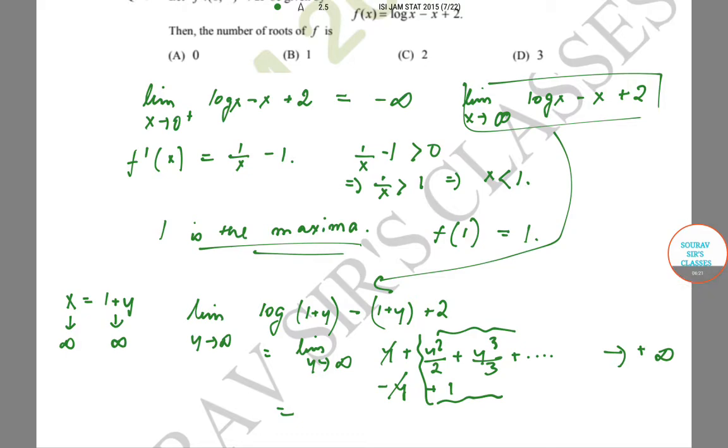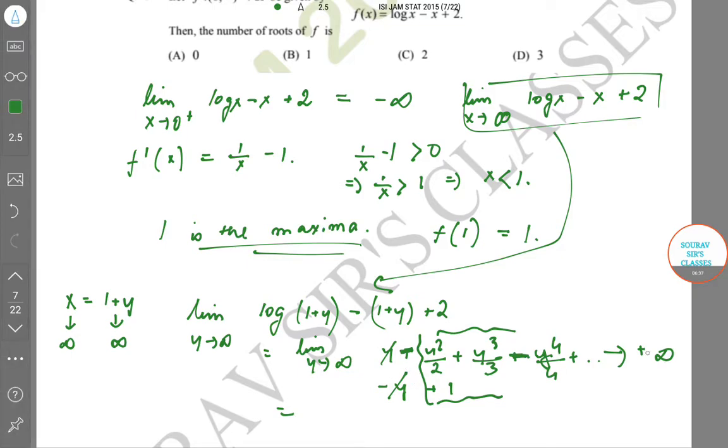So I've made a mistake here. Log(1 plus y) is actually y minus y square by 2 plus y cube by 3 minus y to the power 4 by 4 and so on, with oscillating signs.